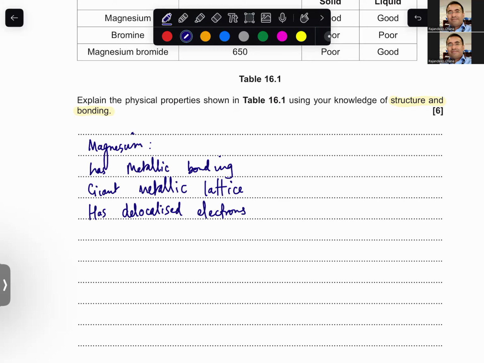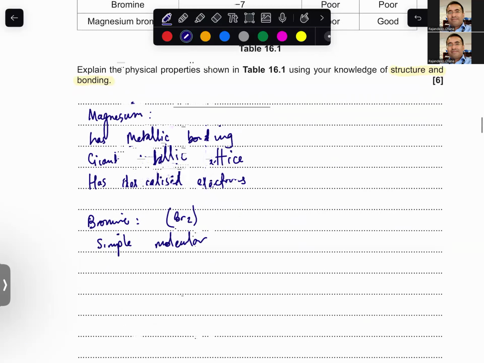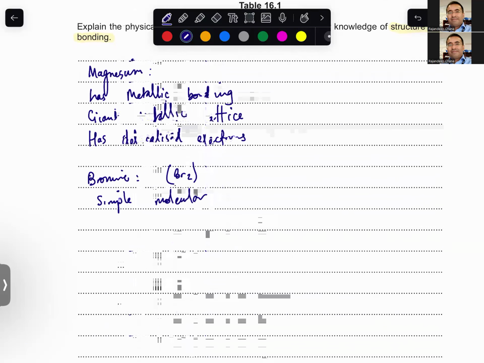Now, for bromine, the structure is simple because you've only got individual Br2 molecules. It's simple molecular. What type of intermolecular forces do you have between them? We have London forces. Those London forces are from induced dipole forces.